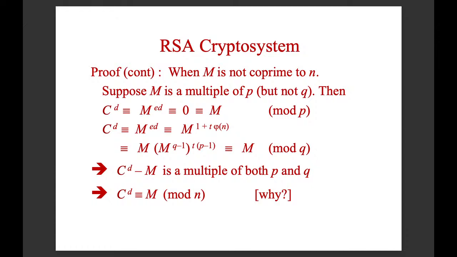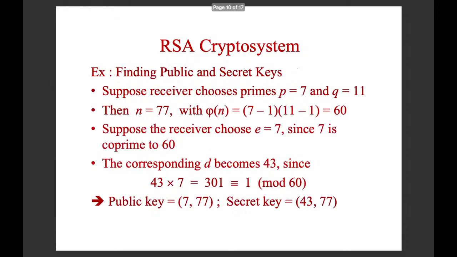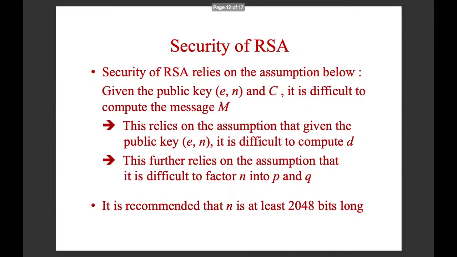So it works in the sense that the receiver can trace back the original message. But why is this safe? Okay, so we have an example. You can go through this later, and there is actually an assignment question for you to test your understanding. Now in the remaining set of slides, we have pointed out some security issues of RSA.